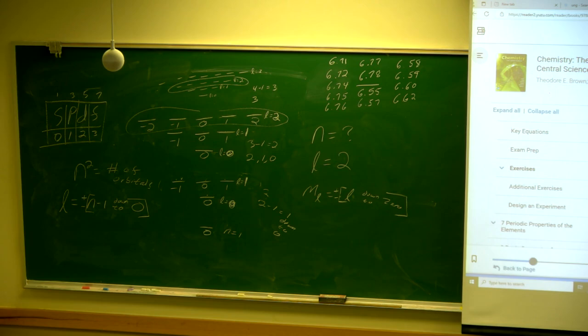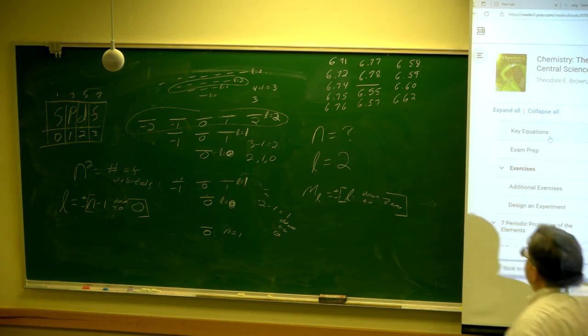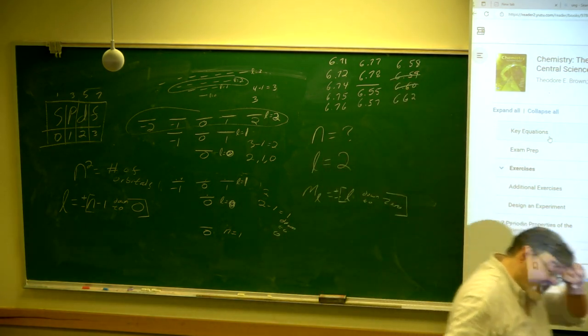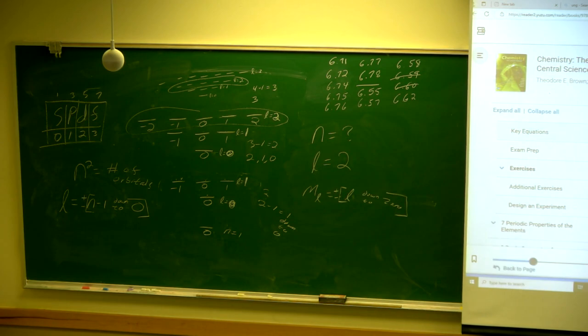Maybe I should hold off on 5.9. 6.0. Okay. But keep 6.2. 5.9 and 6.0, when we talk about excited states, it'll keep you from getting confused.